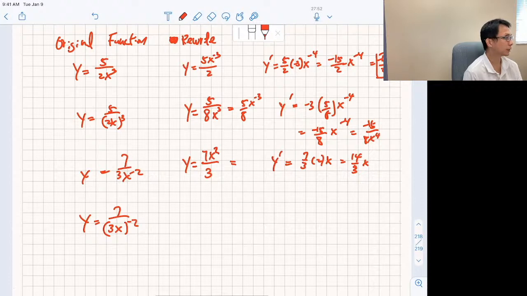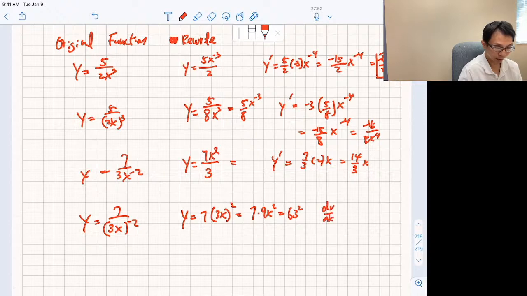Nobody can get anything? Got an answer, but it doesn't seem very plausible. What's your answer? 126x? Yep, that's our answer. Why? Because 7 times 3x to the 2, right? Because we move it up to become the numerator, it becomes 2. So 7 times 9x squared is equal to 63x squared. So dy/dx is equal to 126x.